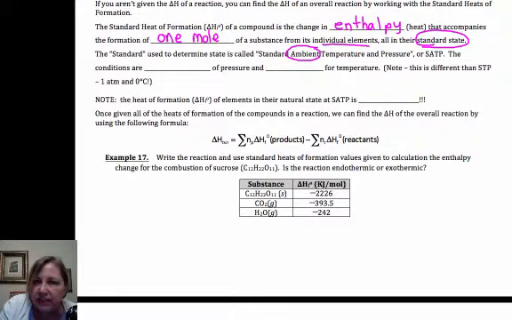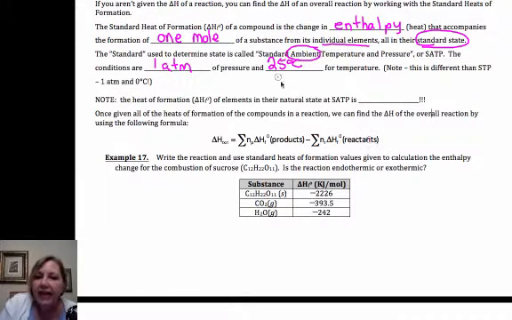Ambient being 25 degrees Celsius, as opposed to the standard temperature and pressure we use with gases, which is 0 degrees Celsius. So the conditions are 1 atmosphere, 25 degrees Celsius. All right?